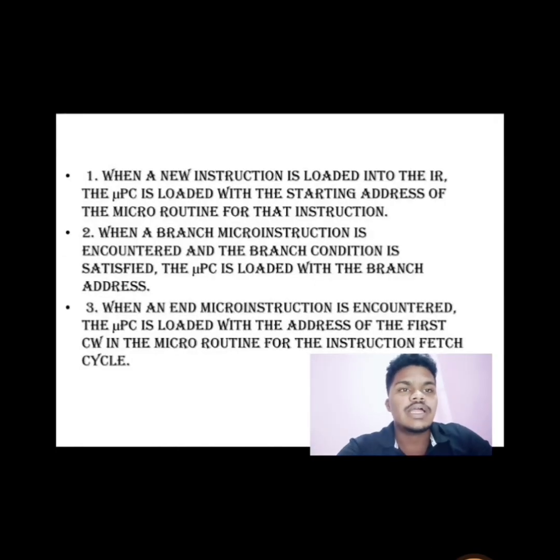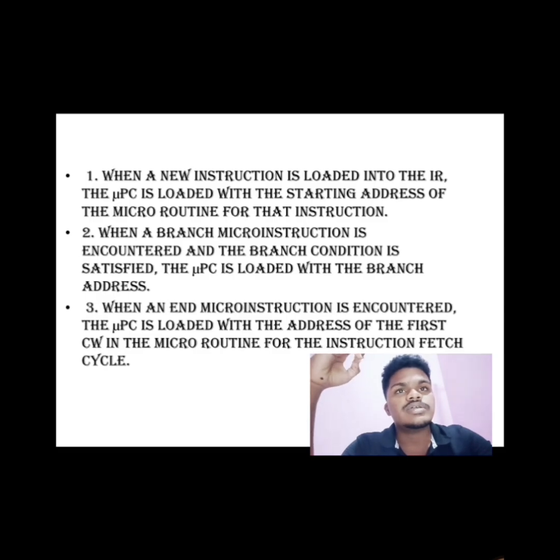In the diagram explanation, fourth point, I told you some of the situations are there. I'm going to discuss those situations in this slide. The first situation is when an instruction is loaded into the instruction register, the microprogram control PC is loaded with the starting address of the micro routine for that instruction.